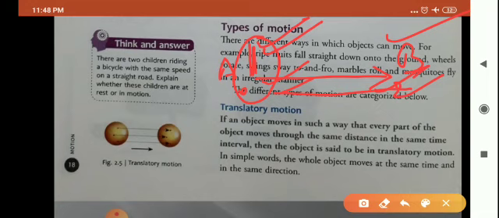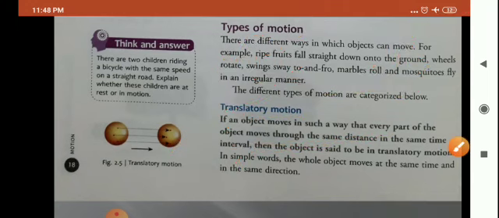It does not mean that some part of your body will be left here and after some time it will move. No, it means that all the parts of the body will move through the same distance in the same time, and this is known as translatory motion.